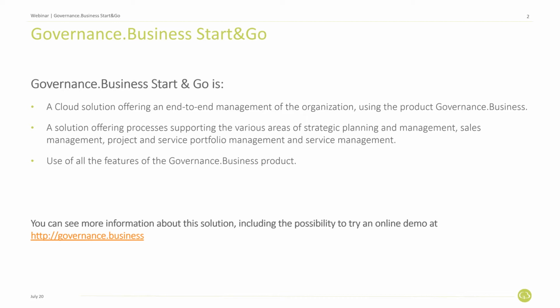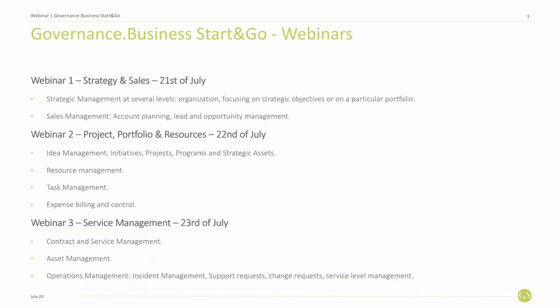Yesterday, we covered the first webinar where we discussed everything related to strategy and sales. Essentially, how do I do strategic planning in the solution and monitor the execution of that strategy, basically consisting of a plan at the organization level, or at a particular business objective that you define on your organization, and then how the execution takes place in all the initiatives coming up, all the projects under execution, all the assets that you are maintaining.